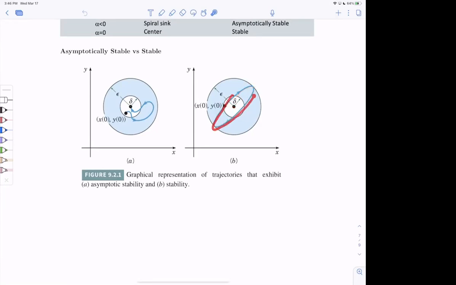It's going around it, but it never reaches the point. But for asymptotically stable, it's going around it, but eventually, as t goes to infinity, it's going to get there. So eventually, it's going to approach your critical point as t goes to infinity. That's the difference between those two. Does that make sense? So it's like the graph here.